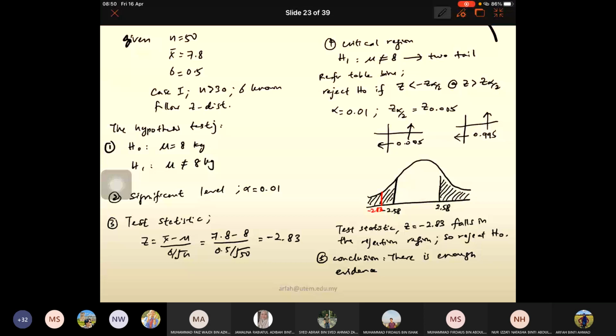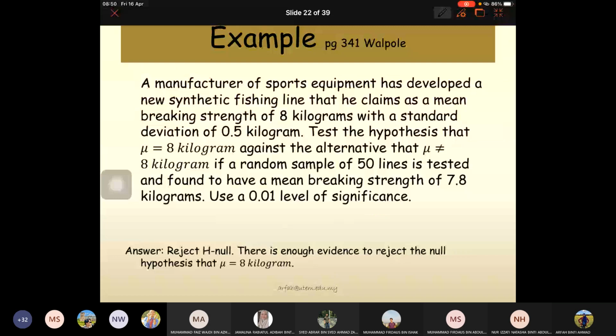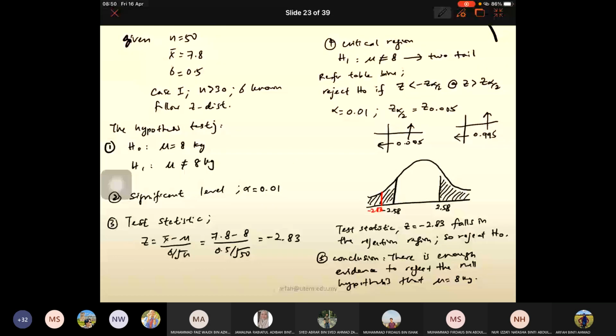Okay. Atau boleh juga cakap the mean breaking strength is not 8 kg. Okay. Sebab keputusan kita is based on H1. Does not equal to 8 kg. Okay.